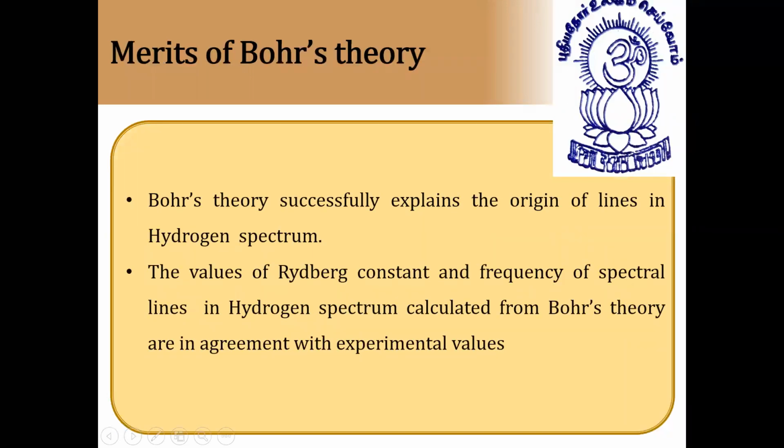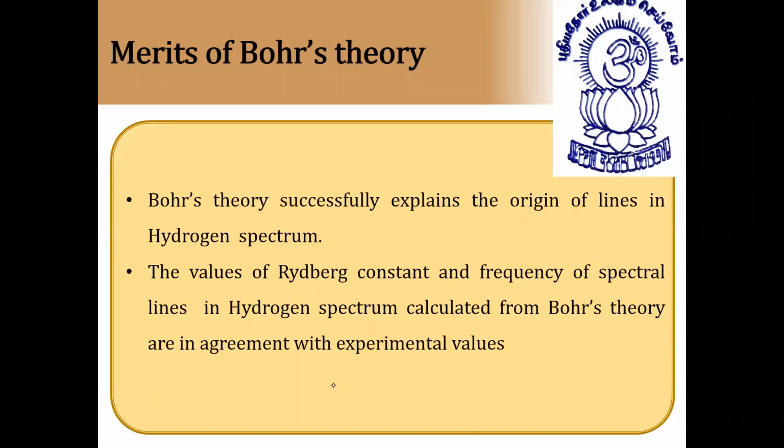Next, what are the merits of Bohr's theory? Already we discussed. Bohr successfully explained the origin of lines in the hydrogen spectrum. The values of Rydberg's constant and the frequency of spectral lines in the hydrogen spectrum calculated from Bohr's theory are in agreement with experimental values. Also, he could successfully explain the energy of the electron in the nth orbit, the calculated radius of the nth orbit, and the velocity of the electron in the nth orbit.